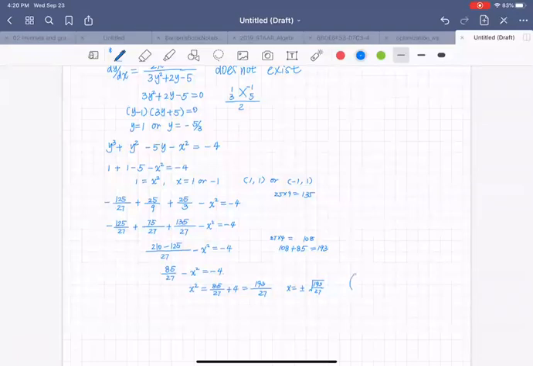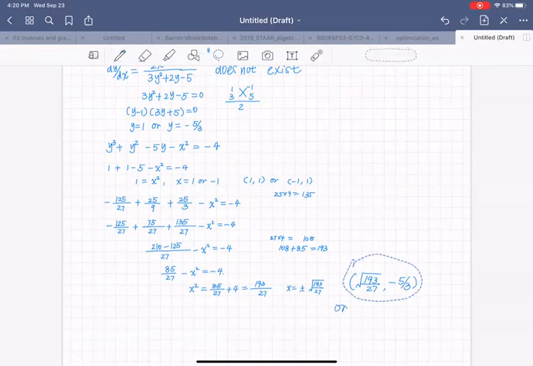So those 2 points are positive square root of 193 over 27, comma, y equals negative 5 over 3, or we have a negative like this.